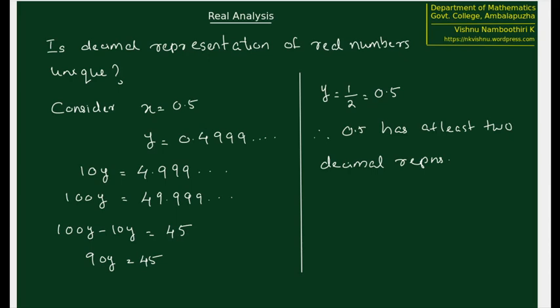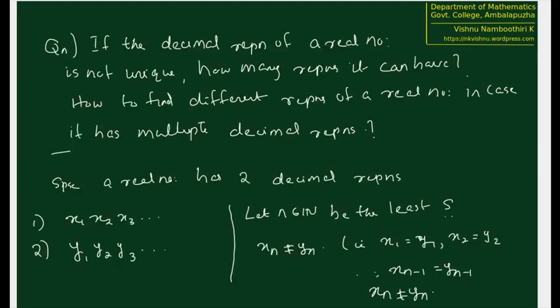So the next question we will want to ask is, is this phenomenon going to be the same for all multiply represented real numbers? That means wherever the difference between the representations starts, the difference between the digits is exactly 1. So now we are going to see that.